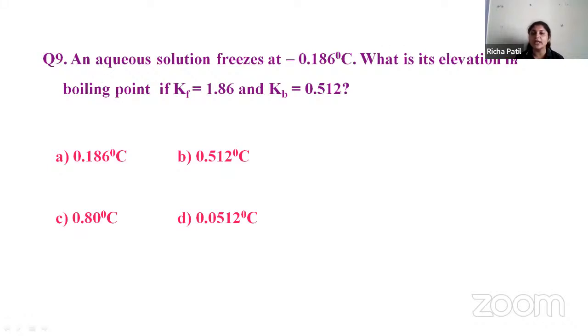This is a question on elevation in boiling point. An aqueous solution freezes at minus 0.186 degrees Celsius. What is its elevation in boiling point if Kf is 1.86 and Kb is 0.512? What is the formula?